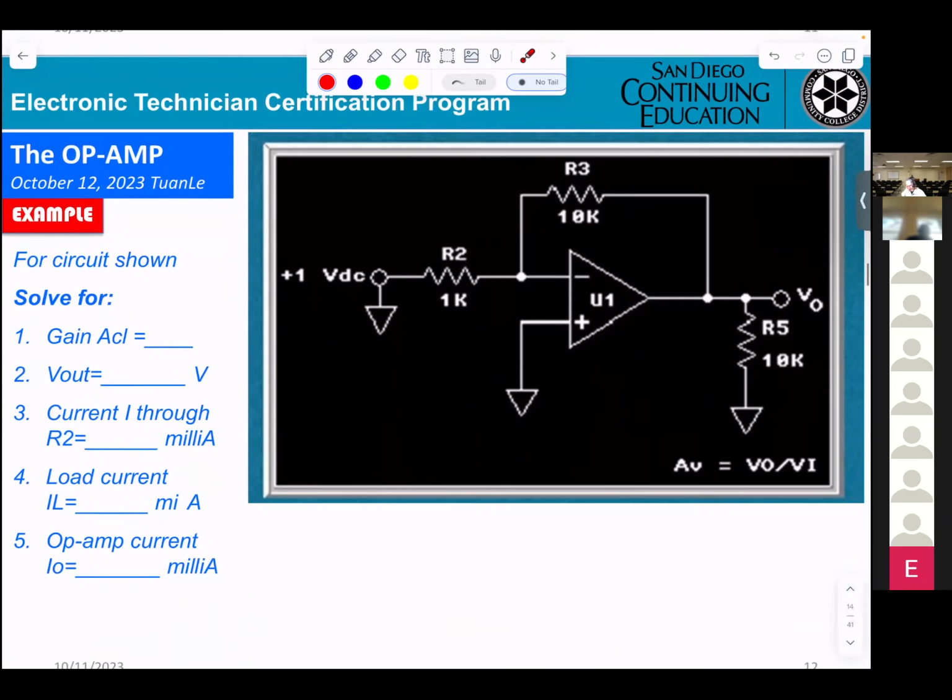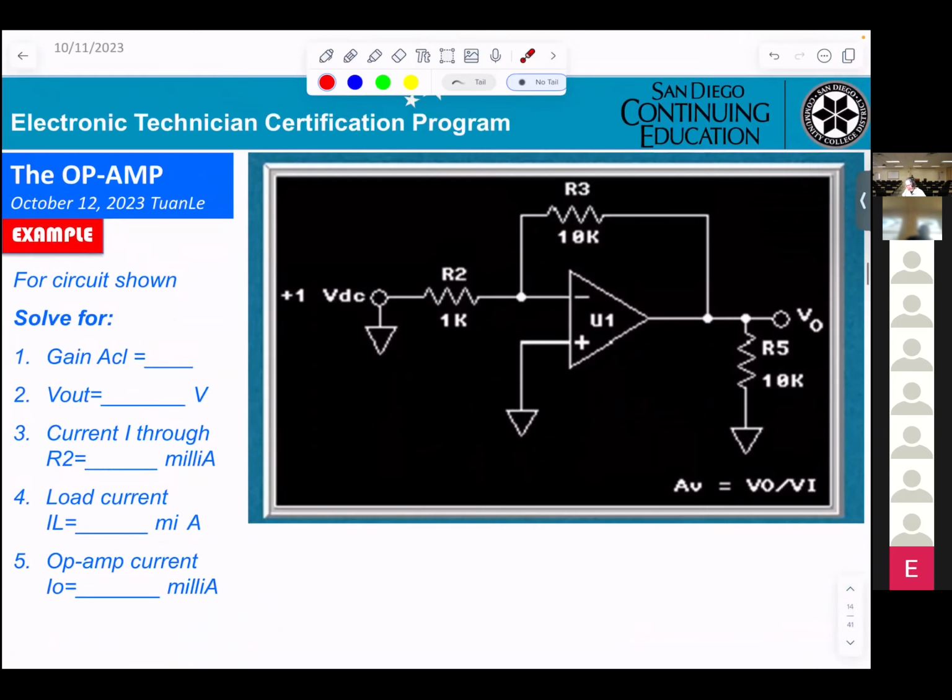Now, this is coming from the lab. Do it for me. This is the inverting amplifier. Try to see if you can get the correct answer. Go work through 1, 2, 3, 4, 5.